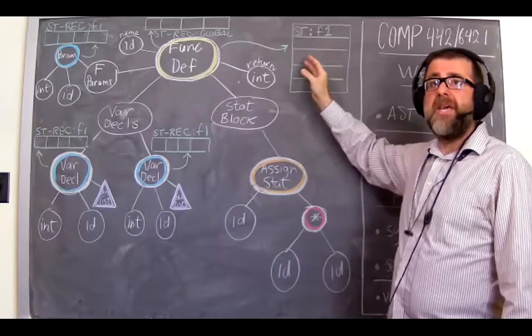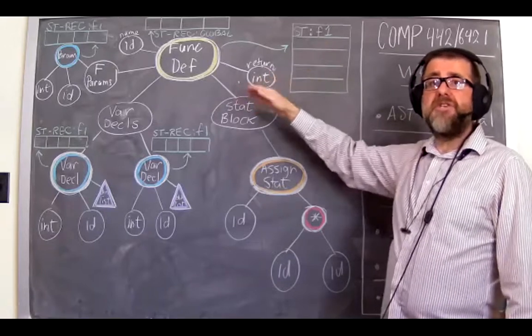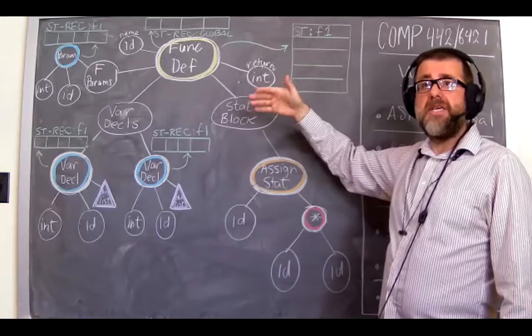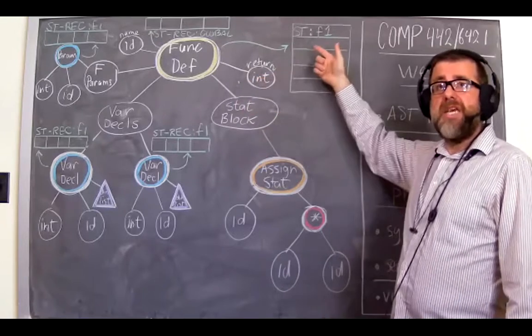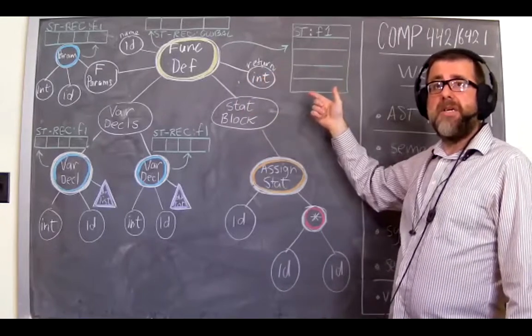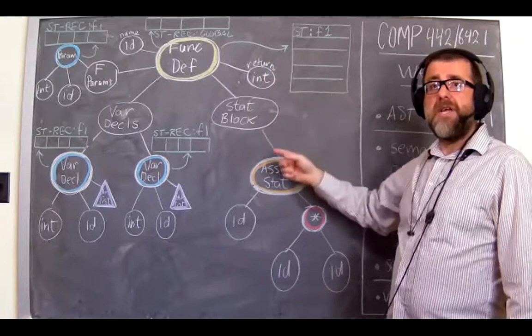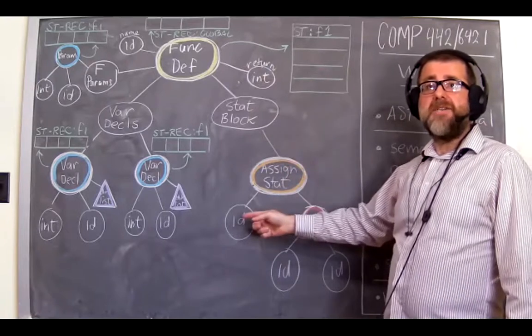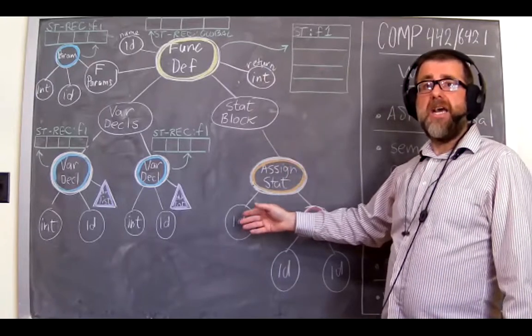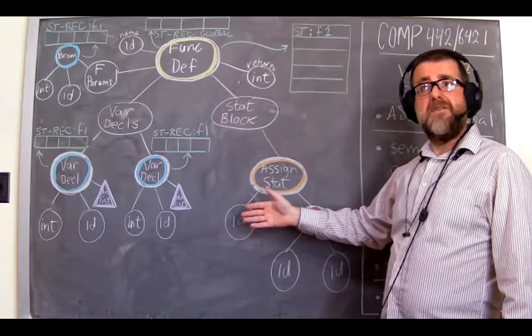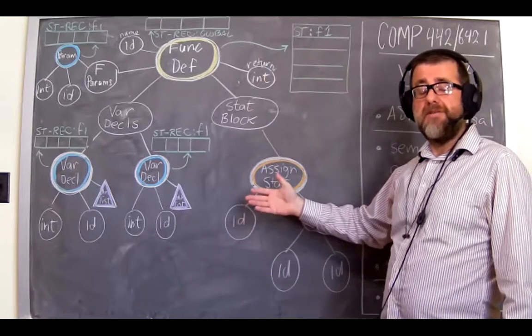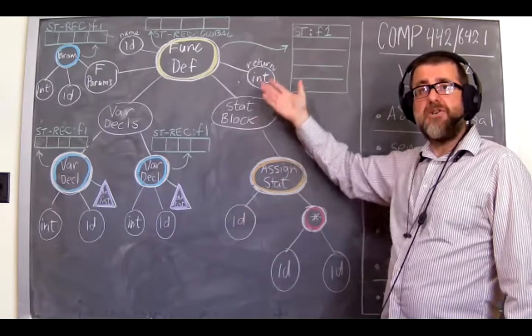As I traverse this tree, one of my goals is first to create this symbol table. So that when I come here and I see, for example, A, I will ask myself, is A valid in this function?